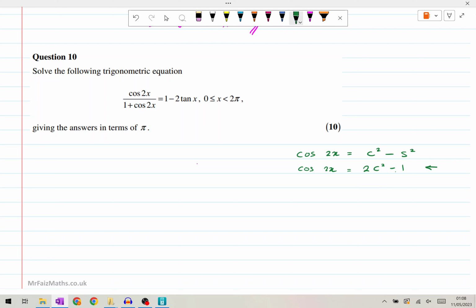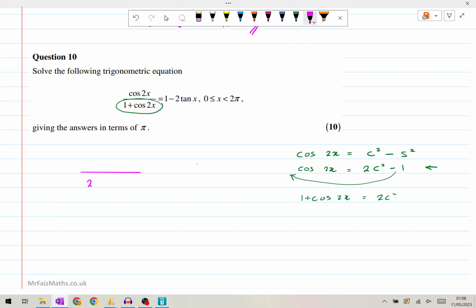If I just move this minus 1 to the other side, I'm going to have 1 plus cos 2x is equal to 2 cos squared. So I can immediately replace the denominator just by 2 cos squared.